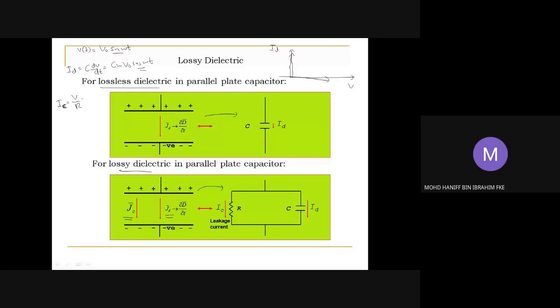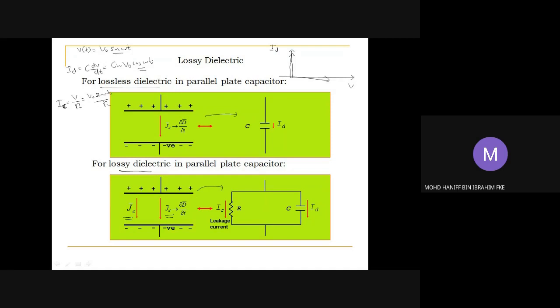It shows that the conduction current, I can say, is V over R, and that will be equal to V naught sine omega t divided by R, which is the voltage across the resistor.